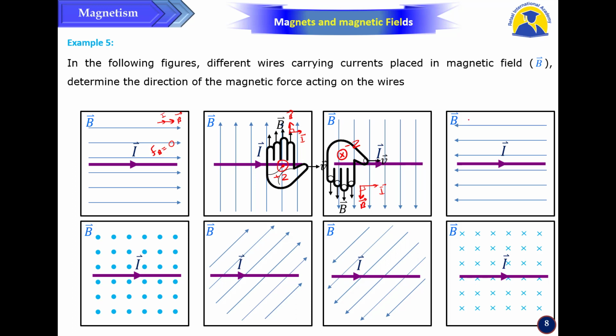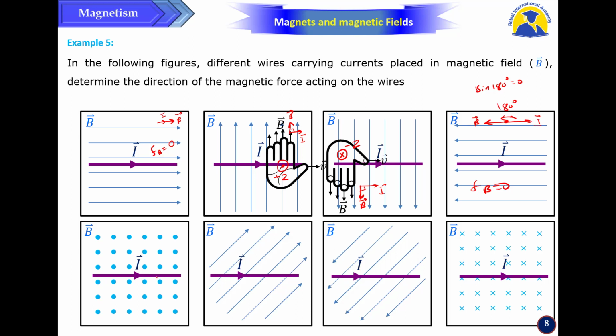For the fourth case, the direction of magnetic field is to the left. The direction of the current is to the right. So the angle between magnetic field and current is 180. Sine 180 is 0. So there will be no force. Here FB will equal 0. For the fifth case, the direction of magnetic field is the positive Z-axis.